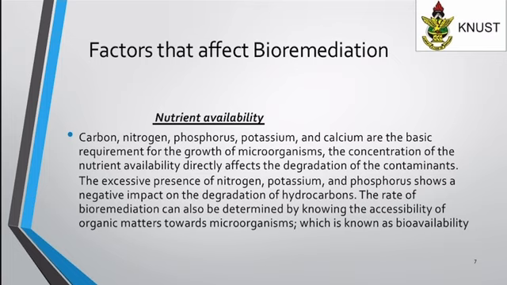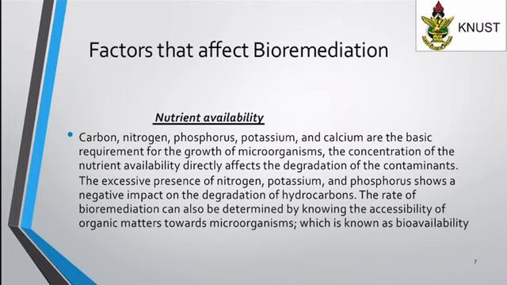Factors that affect bioremediation: nutrient availability. Carbon, nitrogen, phosphorus, potassium, and calcium are the basic requirements for the growth of microorganisms. The concentration of nutrient availability directly affects the degradation of contaminants.